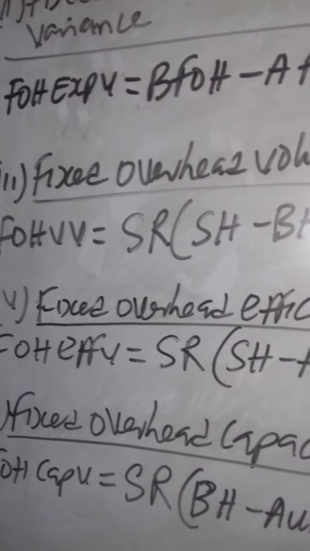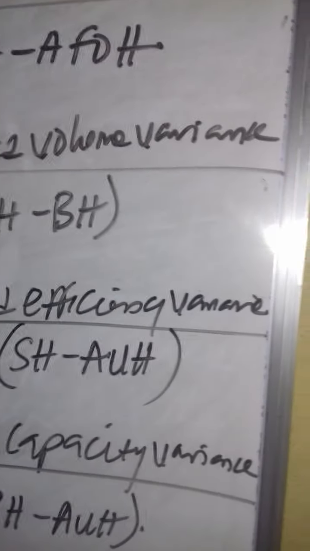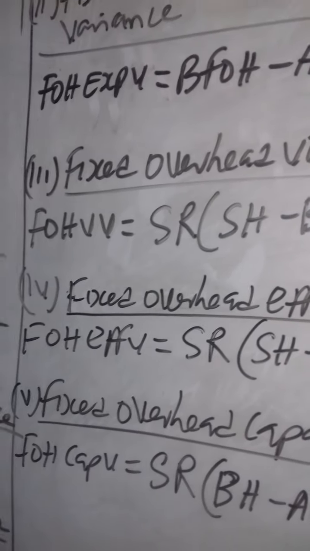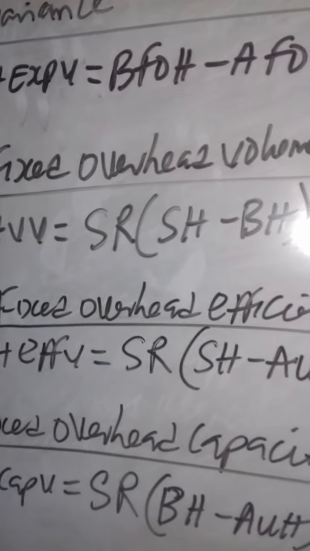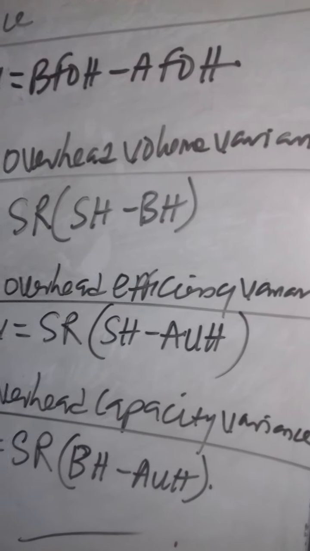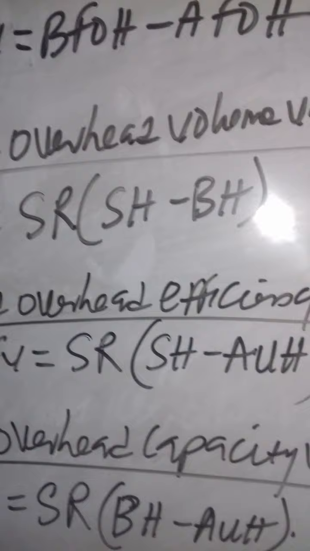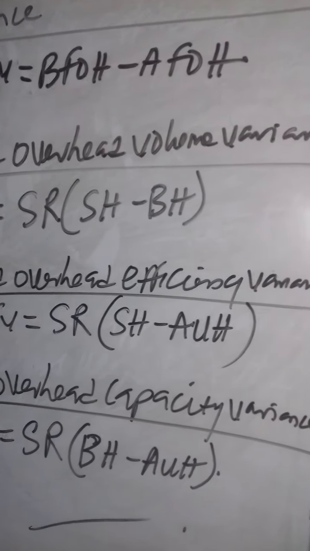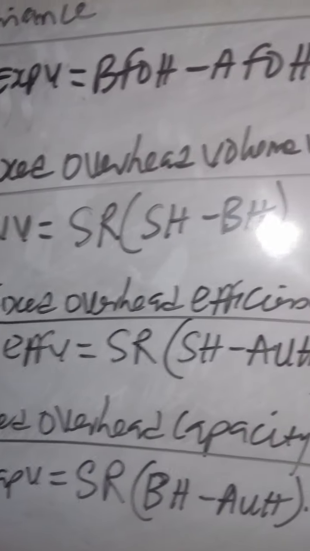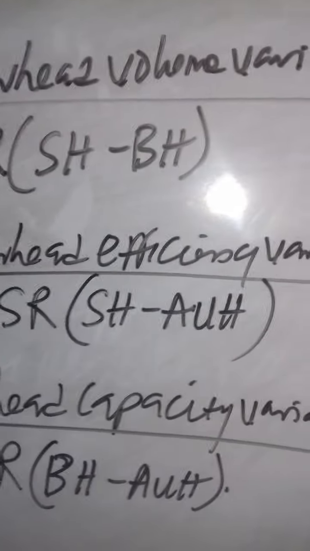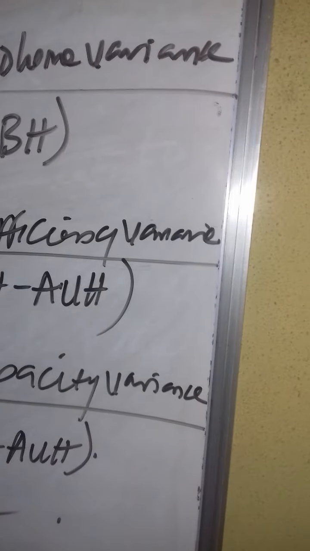Number 4, fixed overhead efficiency variance is calculated as standard rate of labor or absorption multiplied by the difference between standard hour minus actual hour used in the factory. Are we together?